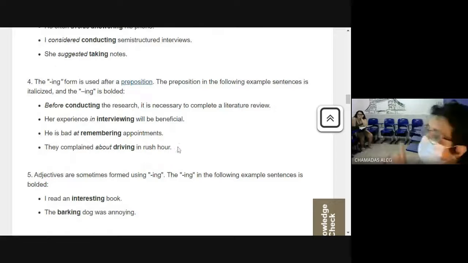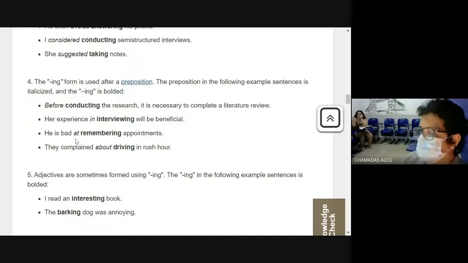Look. Can you read the examples, please, Felipe? For conducting the research, it is necessary to complete the literature review. Literature. Yes. Her experience in interviewing will be beneficial.